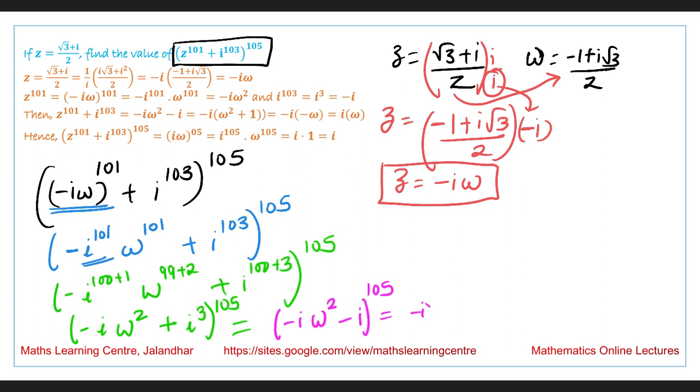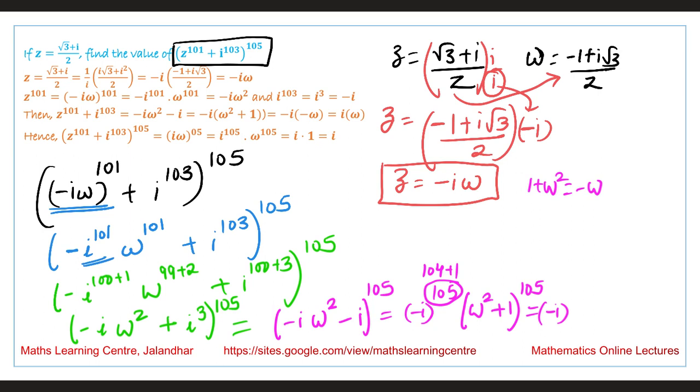If we take minus iota raised to the power 105 common, we are left with (omega square plus 1) raised to the power 105. Now 1 plus omega square is equal to minus omega. This 105 we can write as 104 plus 1, so this term becomes minus iota.